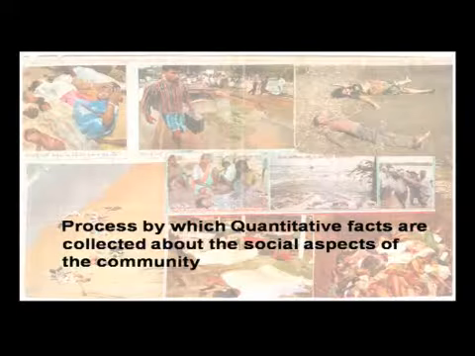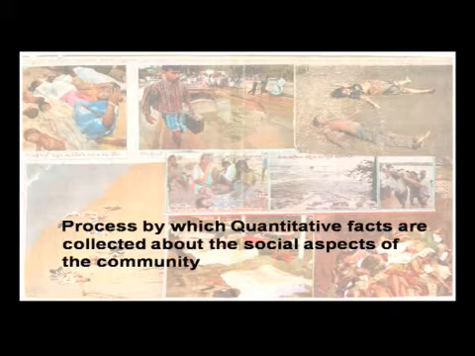For example, after a tsunami, when the government wants to introduce some program for the victims, it has to make a quick study of the conditions that exist in the tsunami-hit areas. Therefore, it sends people there, and they have to collect the data within a short period over a huge population and submit it to the government. On the basis of the data, the government will frame policies or welfare programs.